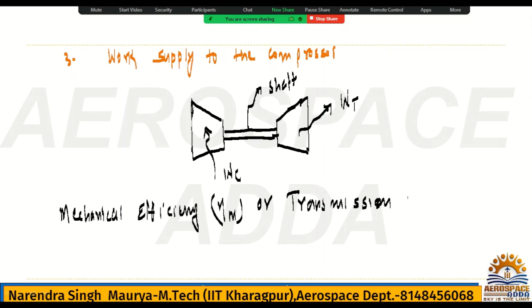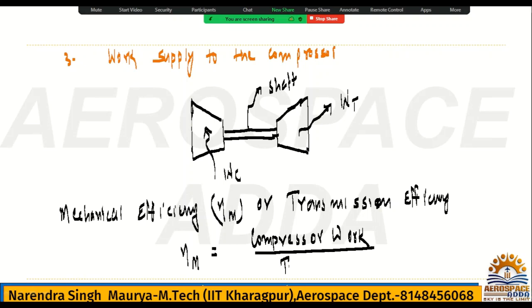Transmission efficiency means work transfer, or power transfer. So eta m is equal to compressor work divided by turbine work.